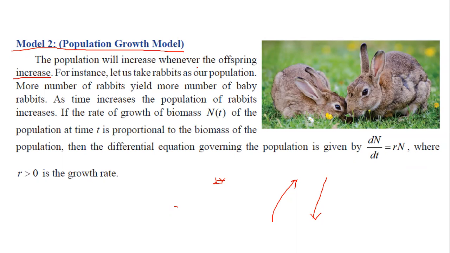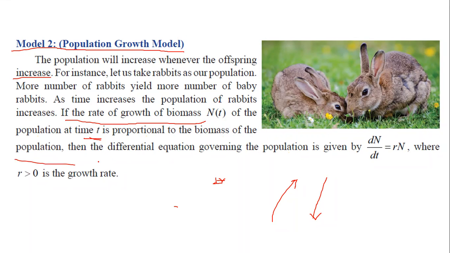The population will increase whenever the offspring increase. For instance, let us take rabbits as our population. More rabbits mean more baby rabbits. As time increases, the population of rabbits increases. The rate of growth of biomass n of t, the biomass of the population at time t, is proportional to the biomass of the population.